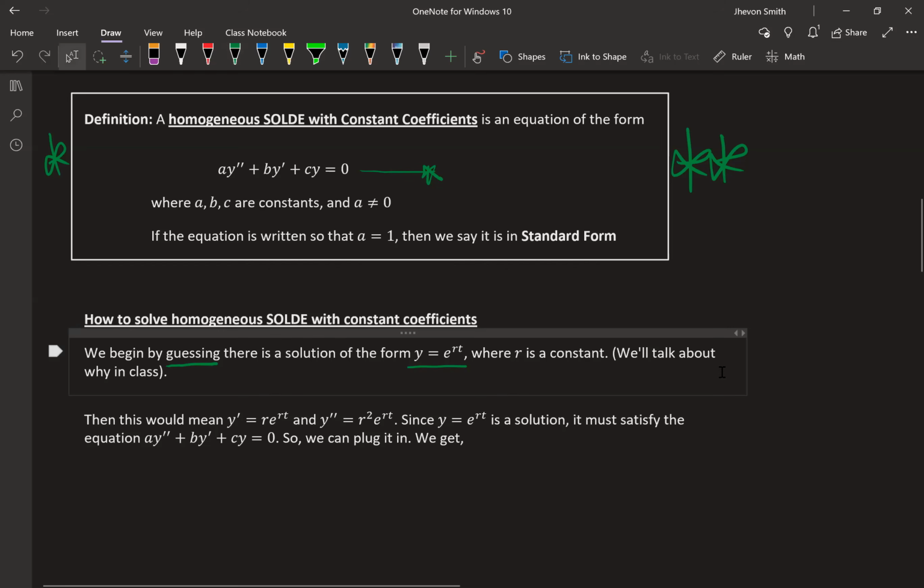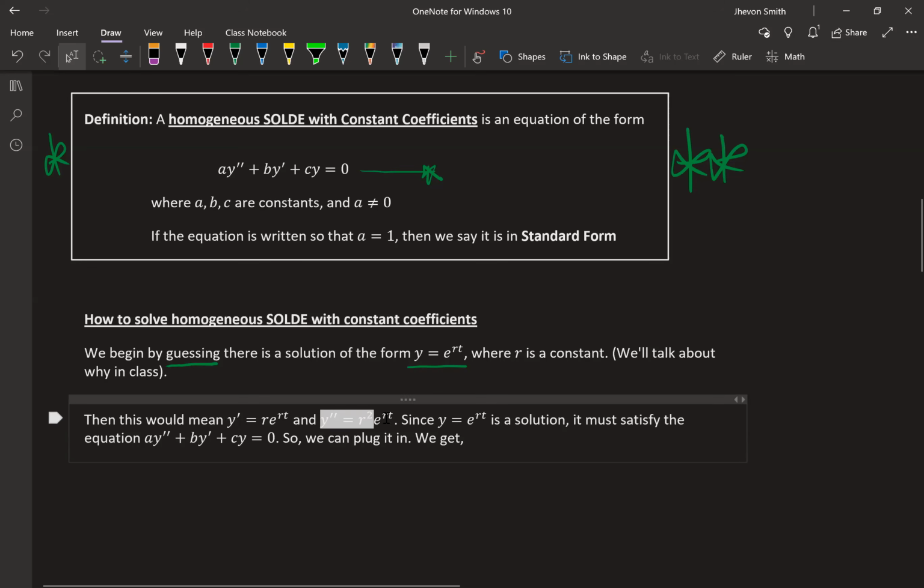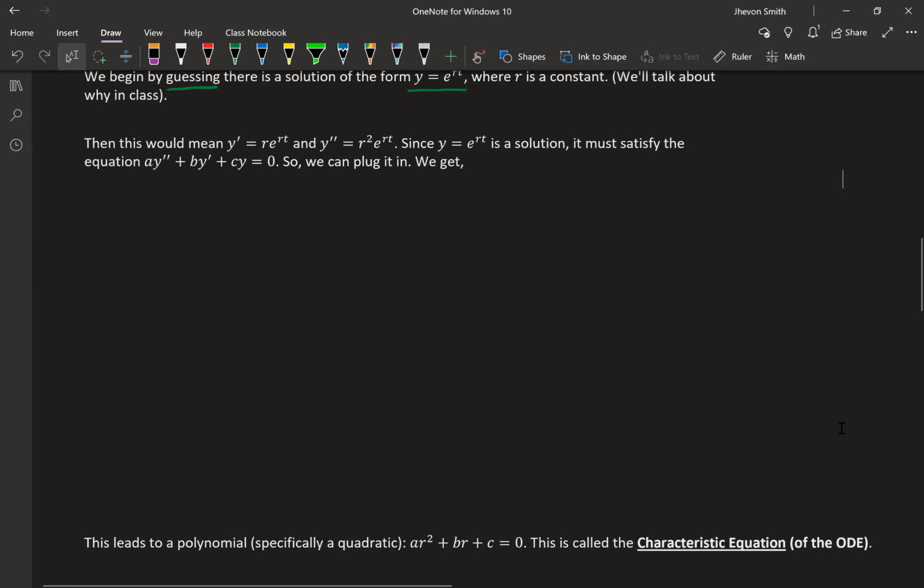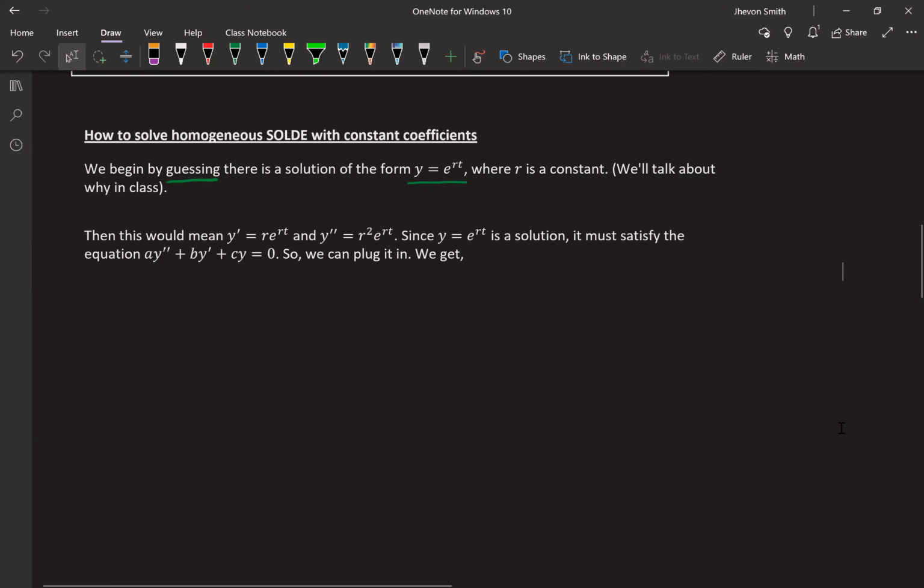All right, so here's what that would mean. If I pretend my y is e to the rt, that would mean my y prime is r e to the rt, and my y double prime is r squared e to the rt. And since y equals e to the rt is a solution, it must satisfy the differential equation, which means if I plug that into this equation, I should get 0. So let's actually plug these in and see what we get.